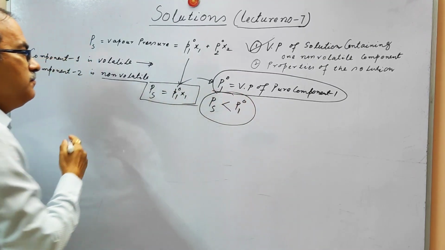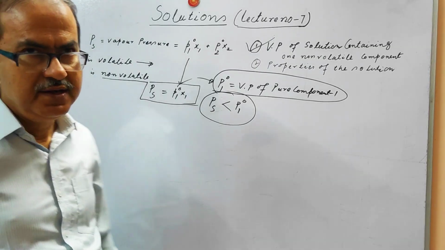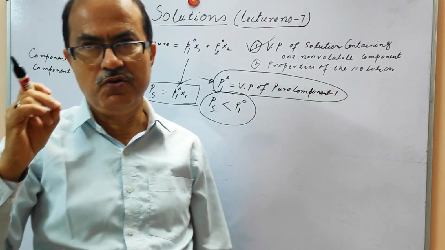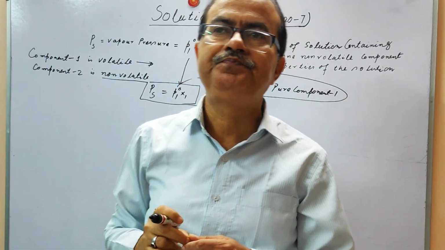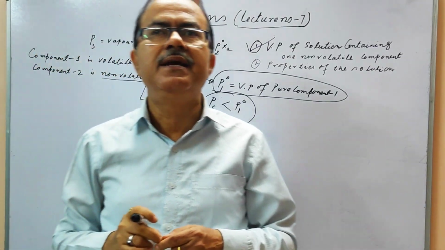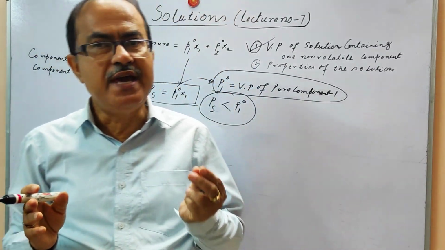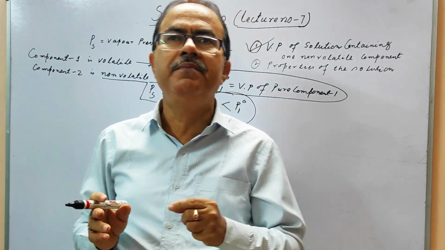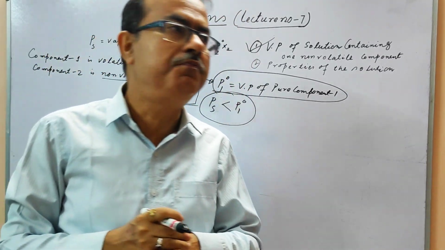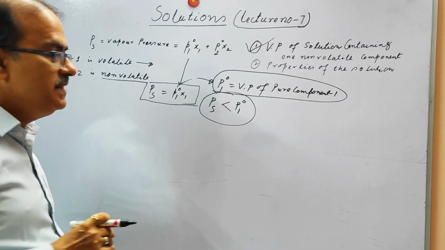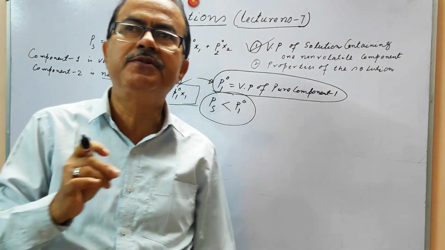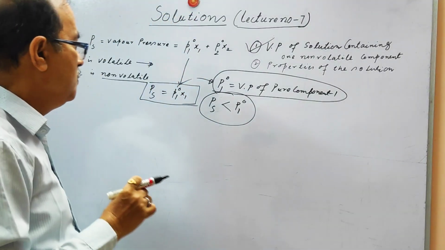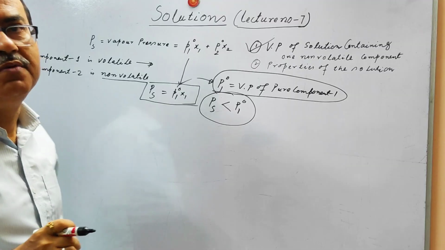So we can understand from this discussion a very important conclusion: for solutions where we add a non-volatile component, the vapor pressure of the solution will be less than the vapor pressure of the pure solvent.